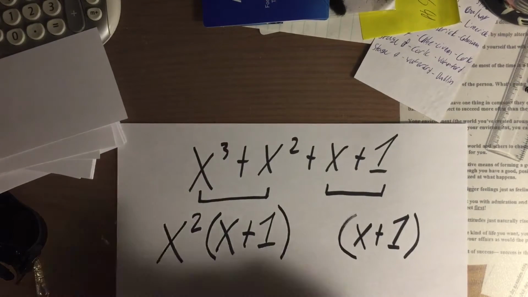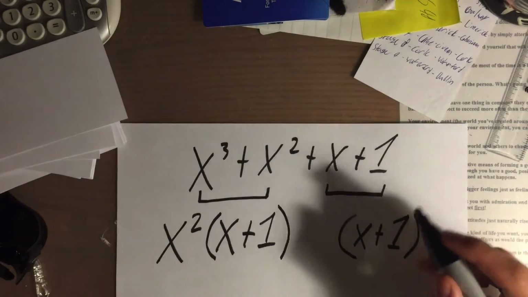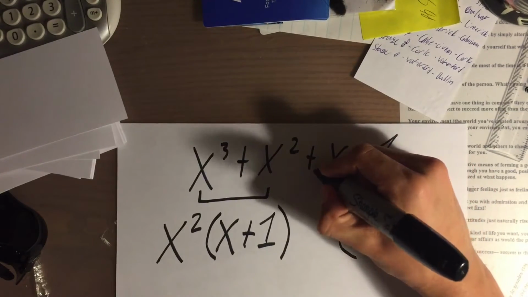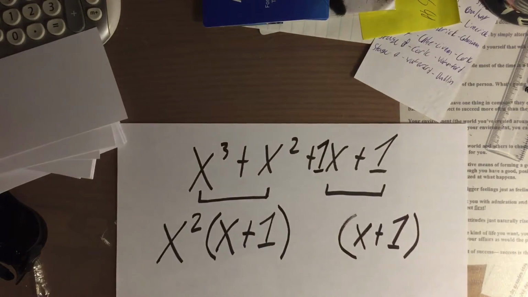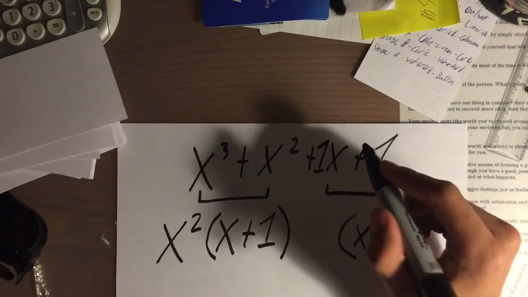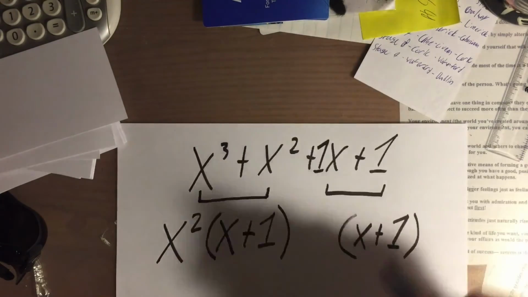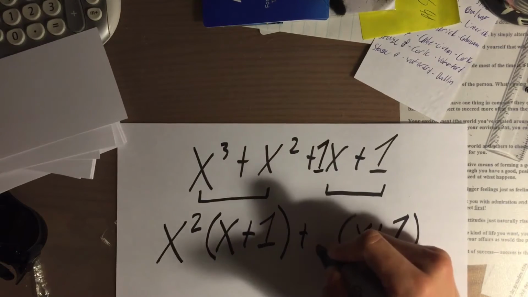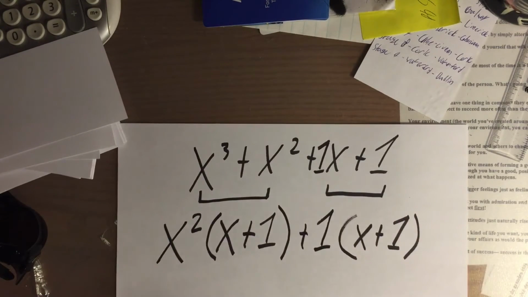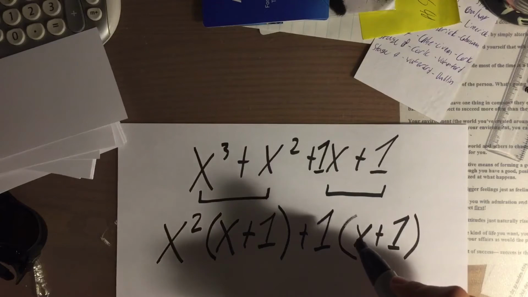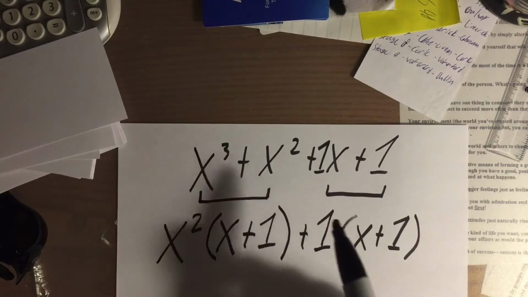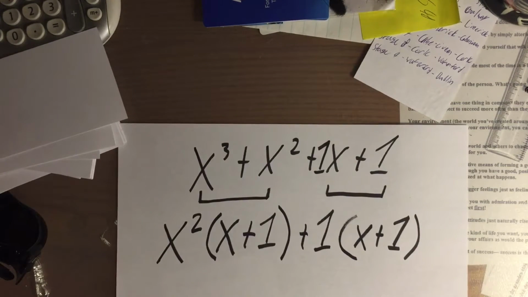However, in a sense, it does, as right here, there's an invisible 1. So, the GCF of these two terms would be a 1. 1 times x is 1x, and 1 times 1 is 1.